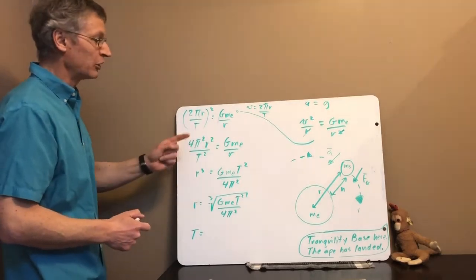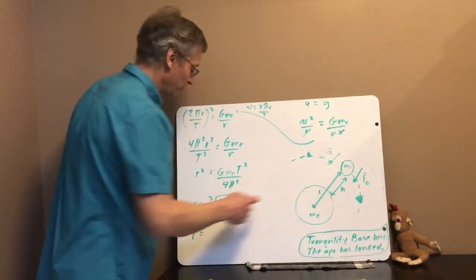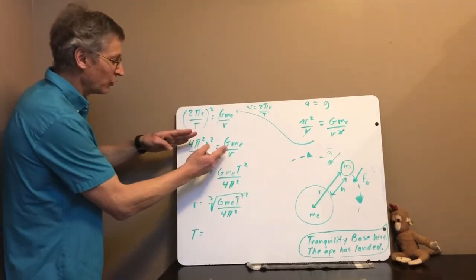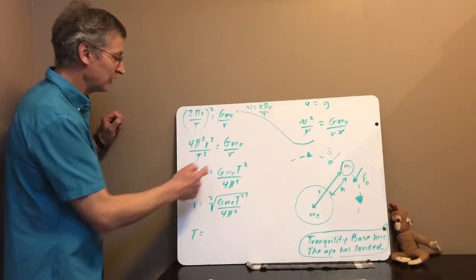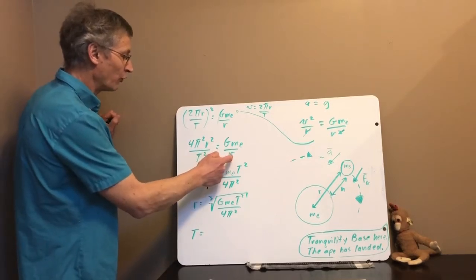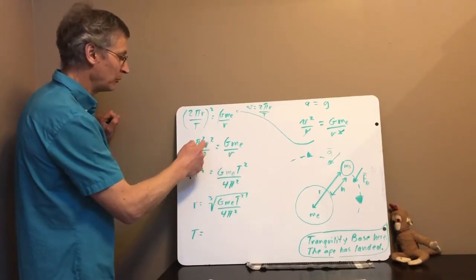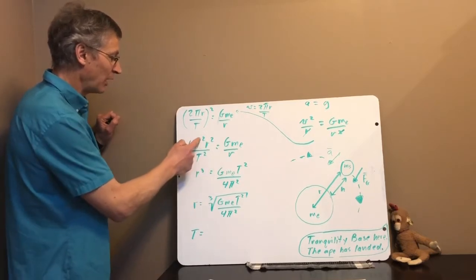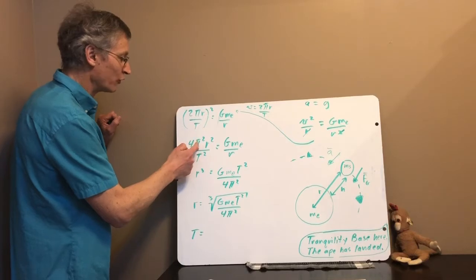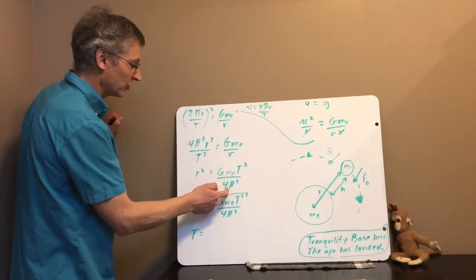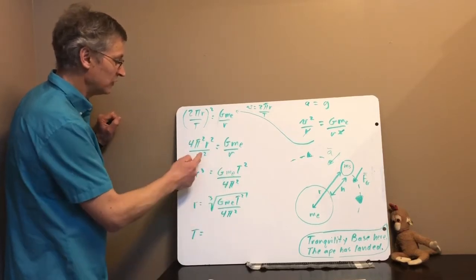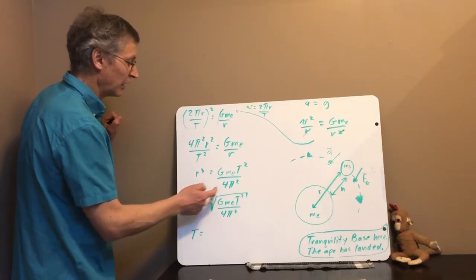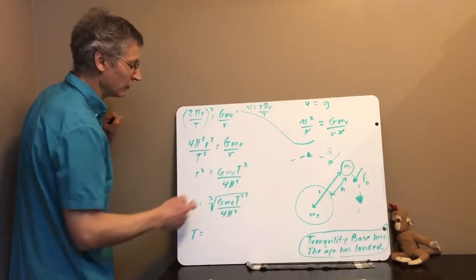Now remember, we're interested in r, so let's solve this equation for r. So let's take this r over to the other side, and it's going to go upstairs, and you're going to have r cubed on this side. The 4 pi squared is going to go over to the other side, and it's going to go to the basement. The T squared is going to go over to the other side, and it's going to go to the top floor.